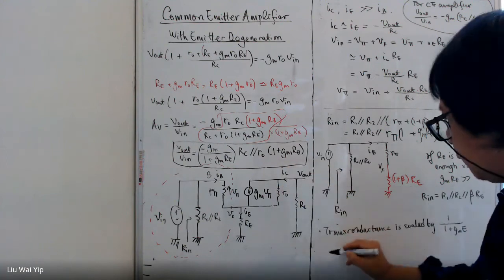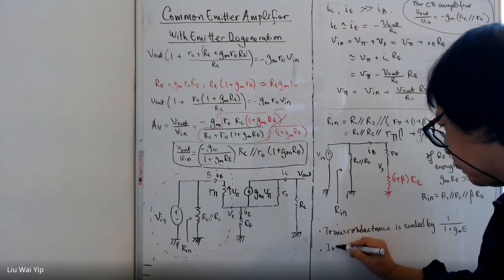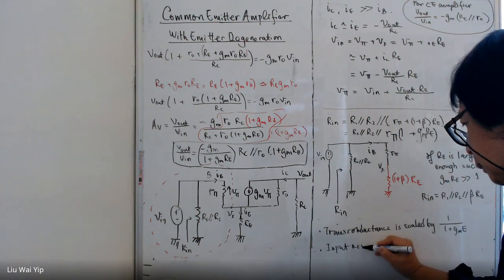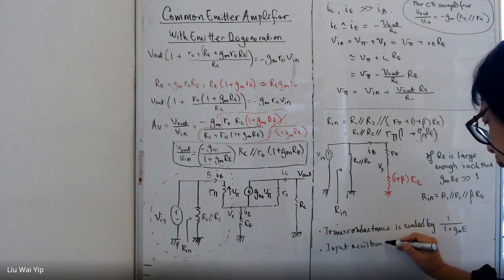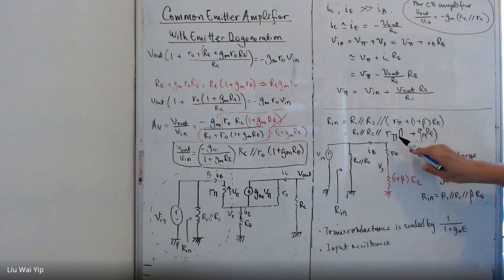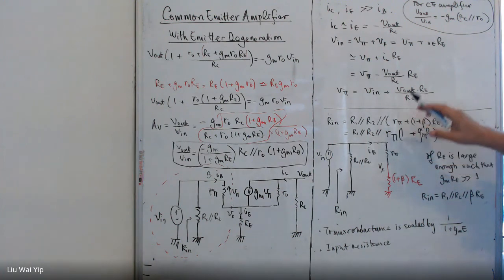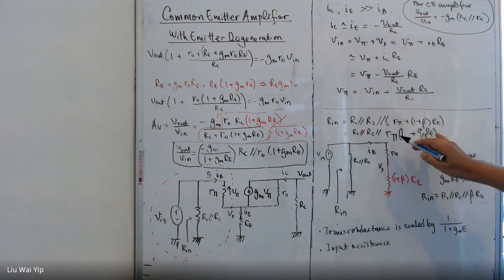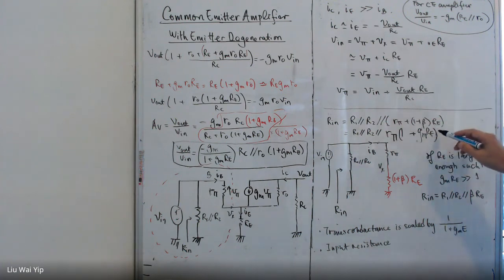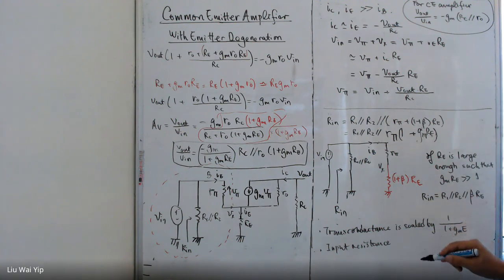The input resistance, originally in the ordinary common emitter amplifier, the input resistance is R pi, but now it is scaled up by 1 plus Gm RE. Sorry.